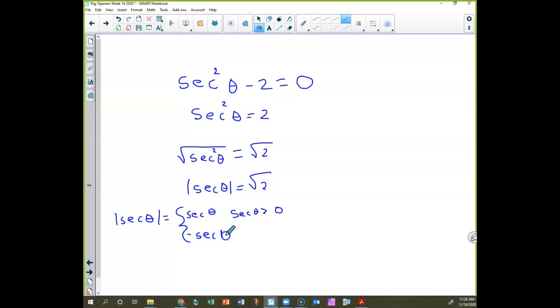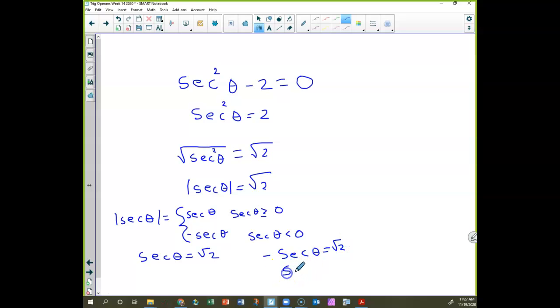So I make it positive, because absolute value is always positive. And then you can choose either one of those to put an equal to on. It won't matter. The opposite of 0 is 0, or 0 is 0. And I have secant is equal to root 2. Or the opposite of secant is equal to root 2. Or secant's equal to negative root 2.